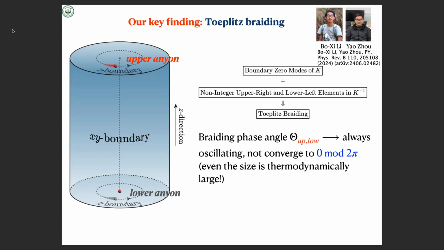Now, we can imagine that this braiding process happens in different parallel universes. So it's a very strange braiding process, and there is some connection, some communication between two very far away parallel universes.